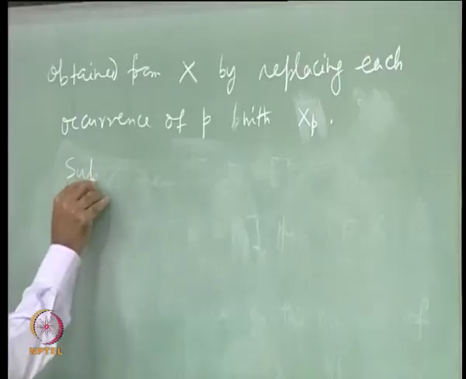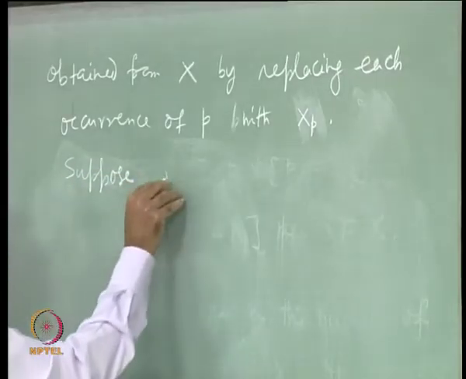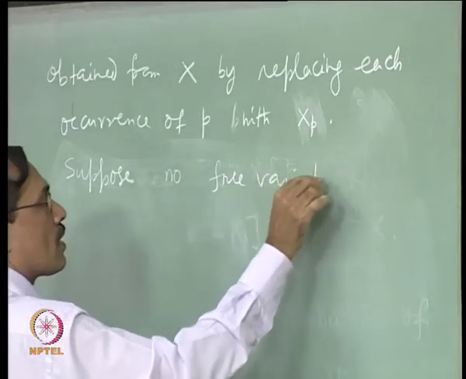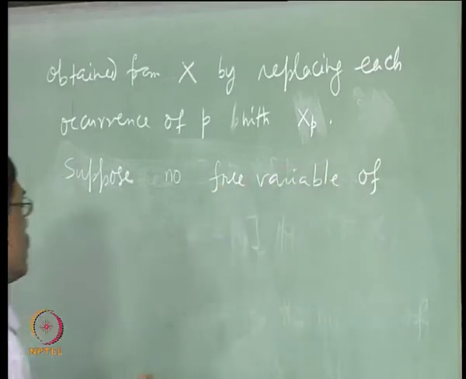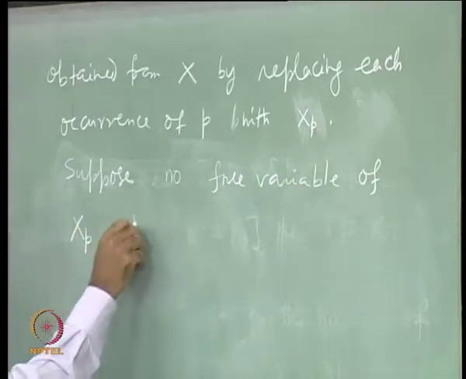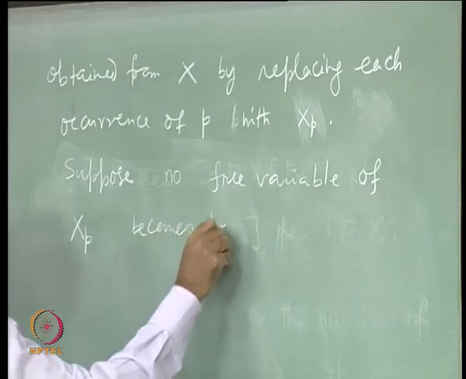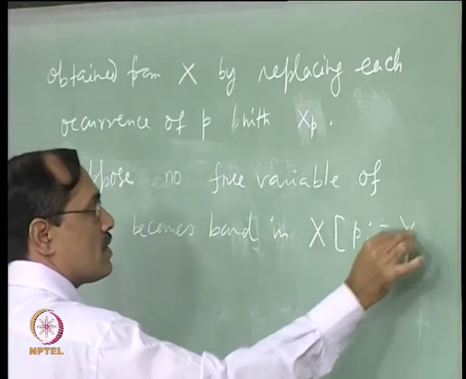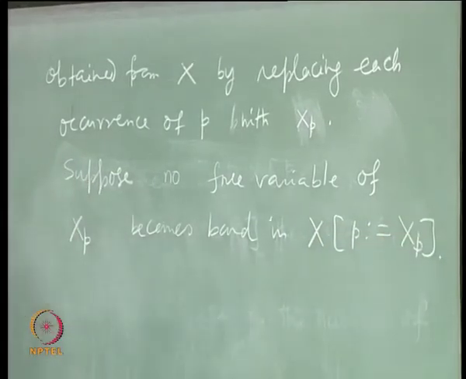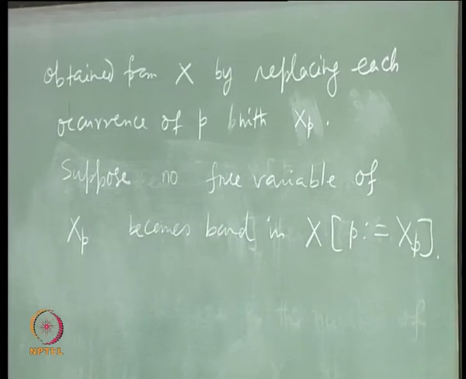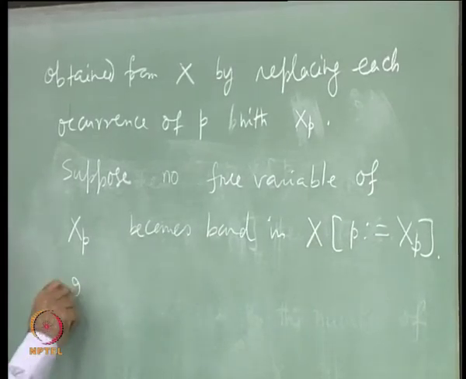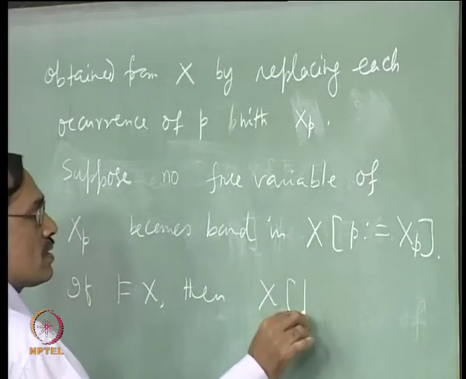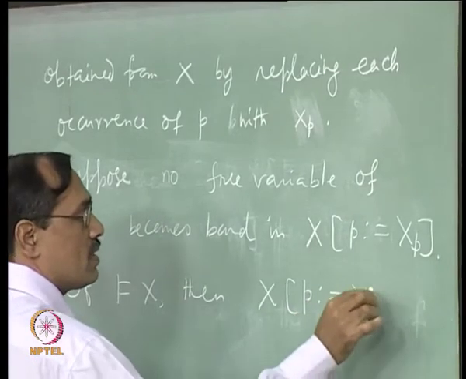Suppose no free variable of X_p becomes bound in X_p replaced by X_p. This is the condition we need. If X is valid, then X_p replaced by X_p is also valid.